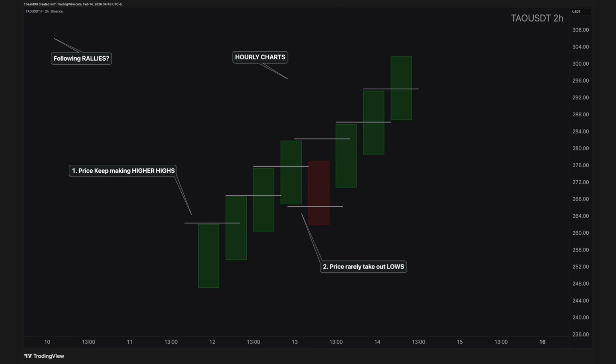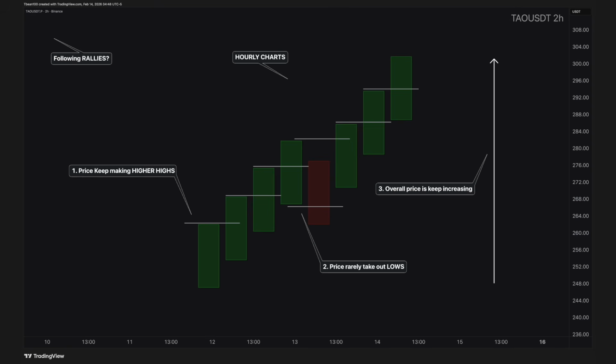Second, you also need to check the low points of the candles and see if they are mostly being protected or not. If the lows are holding and not breaking down, that tells you that sellers are not strong enough to create multiple lower lows to push the price down. So overall, what you are looking for here is a strong increase in price within a short period of time.